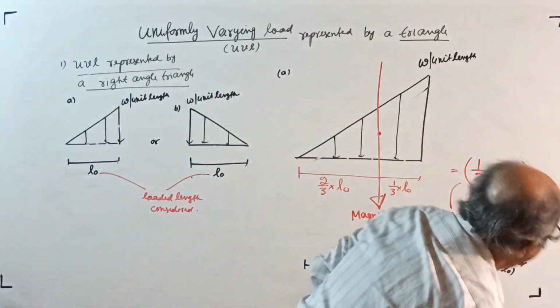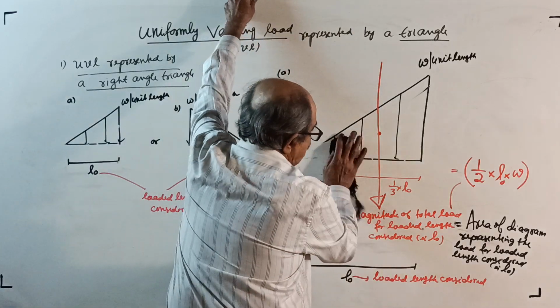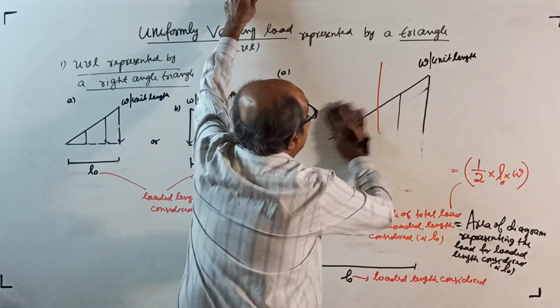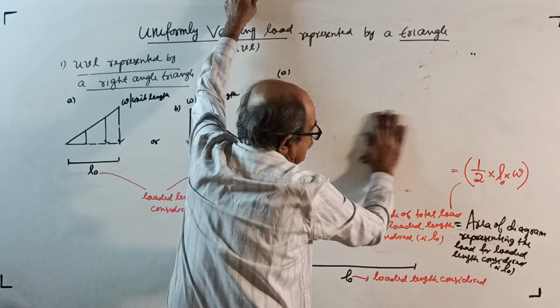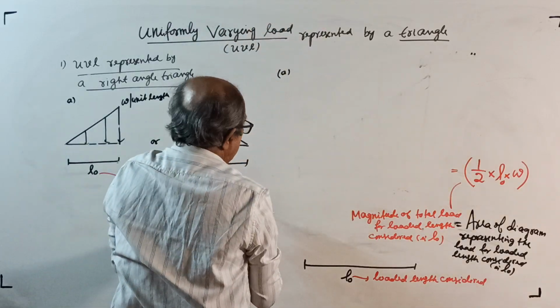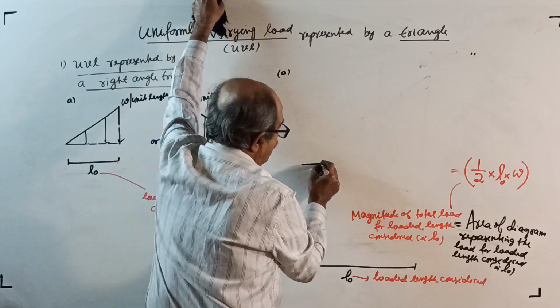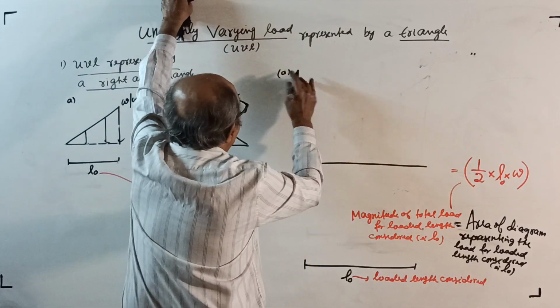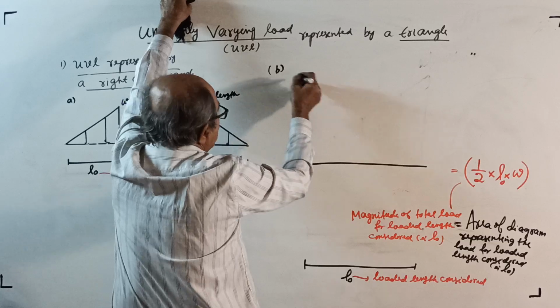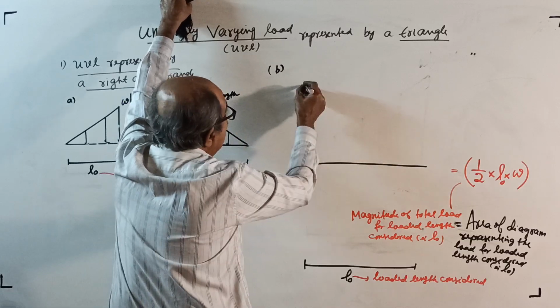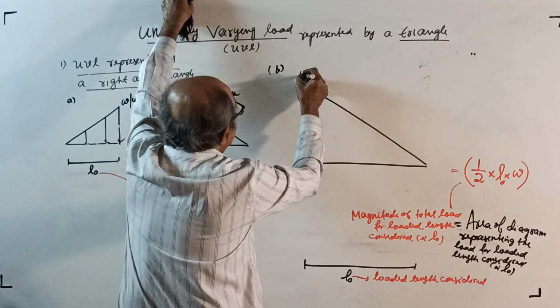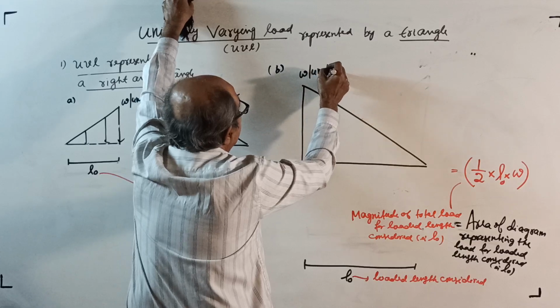I will change over to B now. B, you should write once again. Don't make it this way. B, W per unit length.